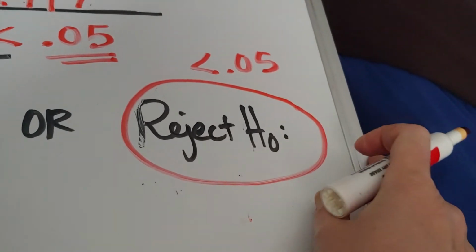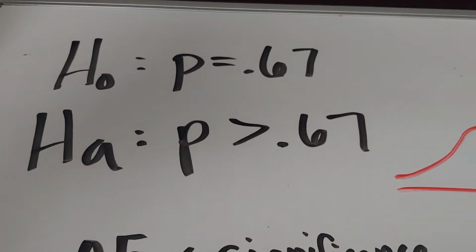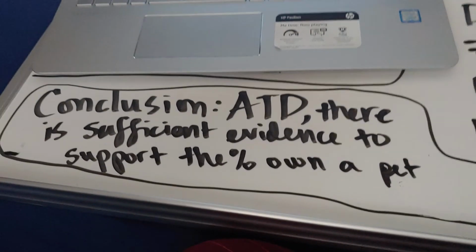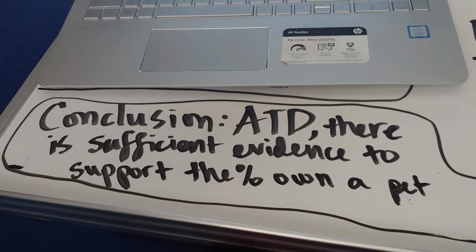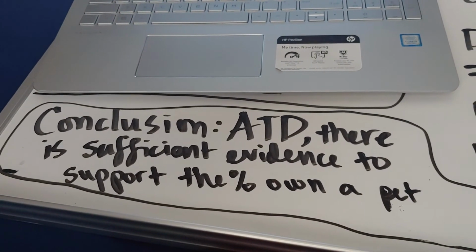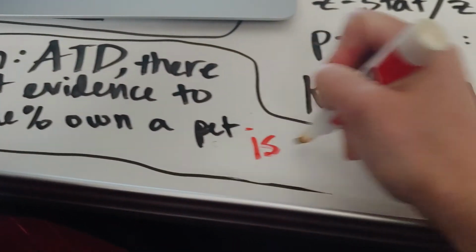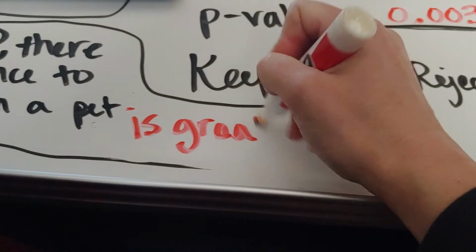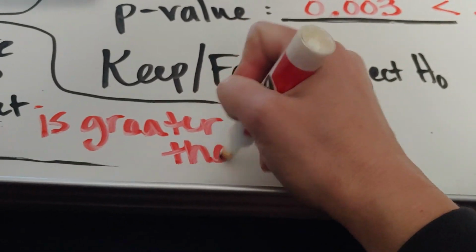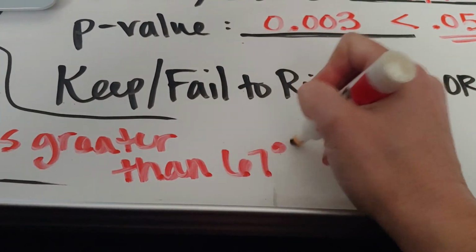Okay, now, here's the good news. Because we said that P is greater than 0.67, I actually can make a stronger statement down here. I can say, according to our data, there is sufficient evidence to support the percent that own a pet is greater than 67%.